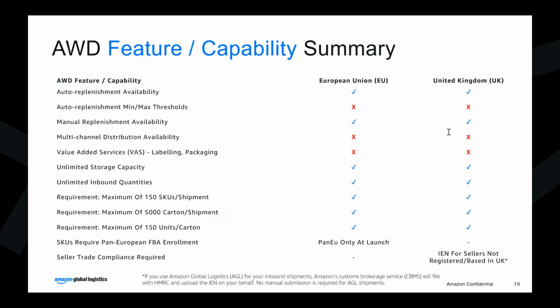Okay, continuing with the questions. What would happen if an SKU was classified as dangerous goods after it's already in AWD? Ooh, this is actually a good question.